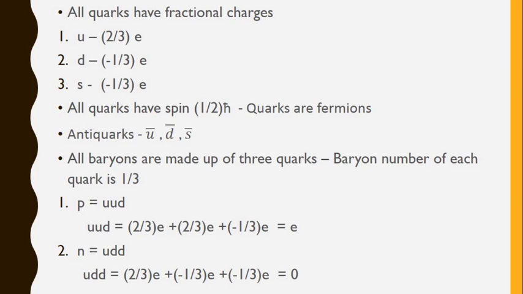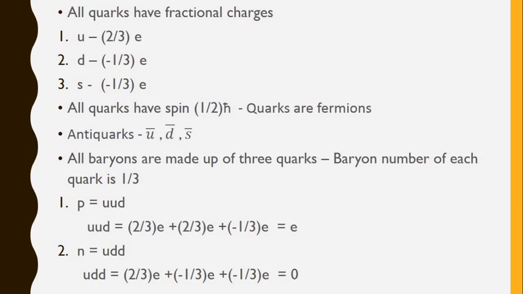Since all baryons are made up of 3 quarks, the baryon number of each quark will be 1 by 3. For example, a proton is made up of 2 U quarks and a D quark.